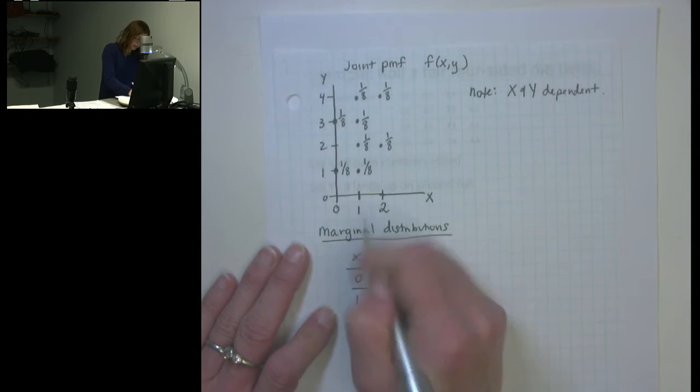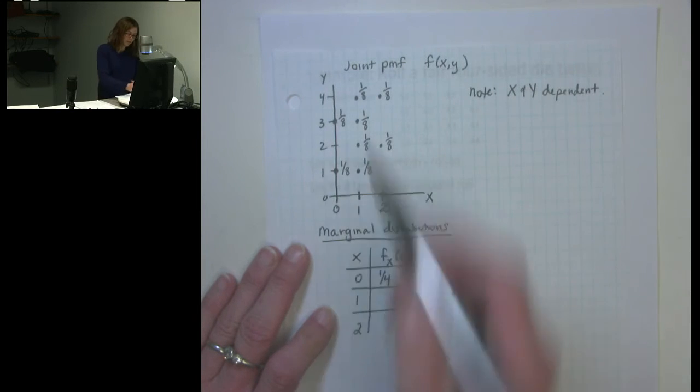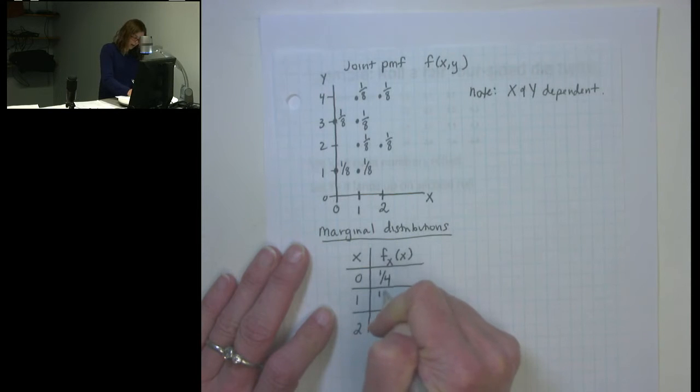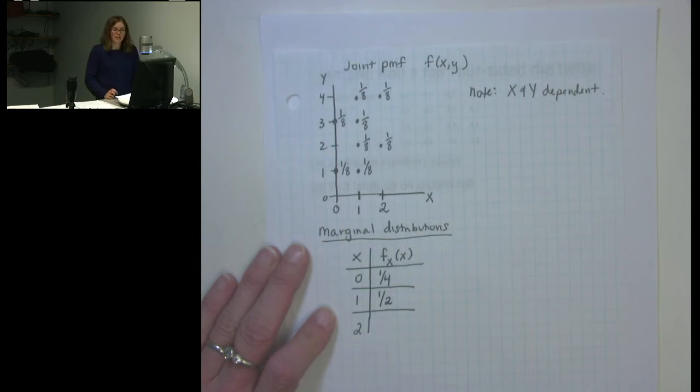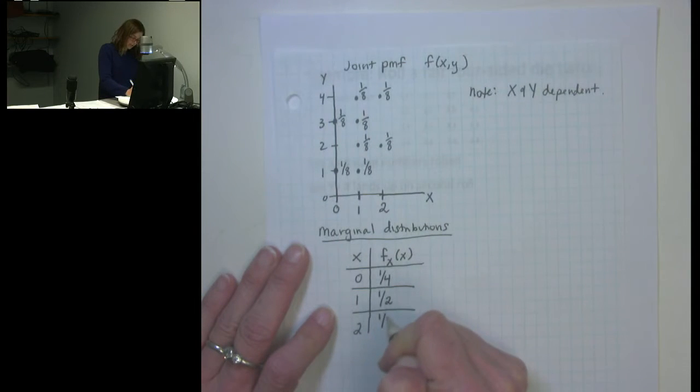So I've got 1/8 plus 1/8 gives me 1/4 chance that x is equal to 0. I've got 1, 2, 3, 4/8, which is 1/2 chance that x is equal to 1, and 2/8, 1/4 chance that x is equal to 2.